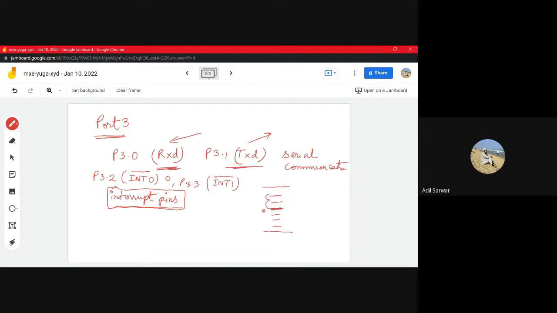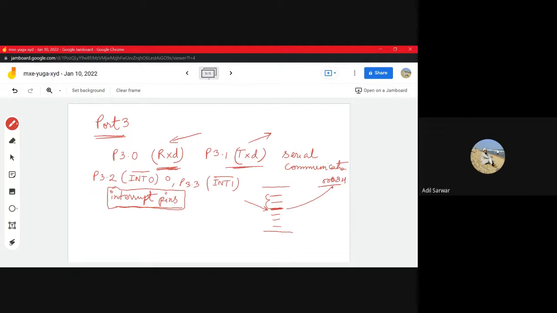Some instruction was there, whatever it may be. So whenever an interrupt happens, the control now moves from this point to some other vector location. What is that address location? I will tell you when we discuss these interrupts. Some address location is there, say 0008H.